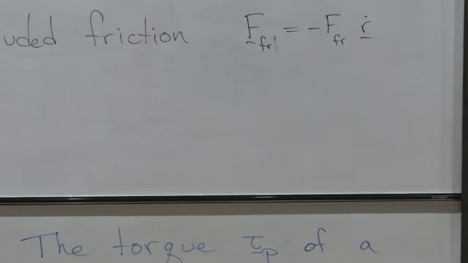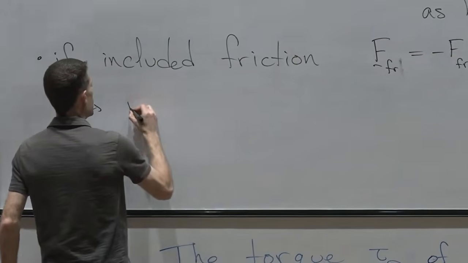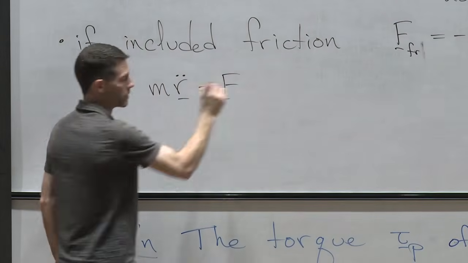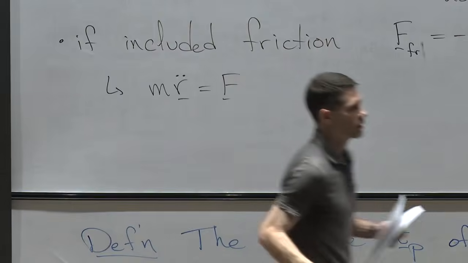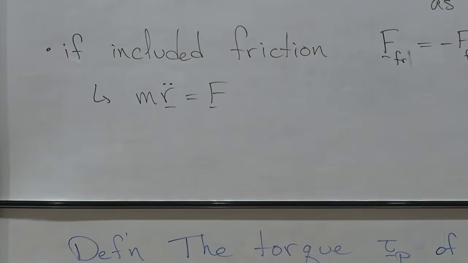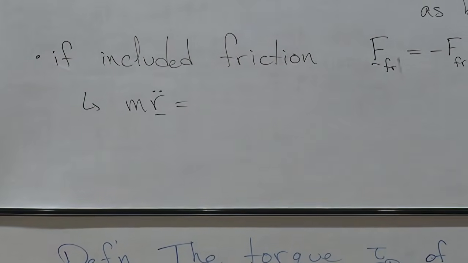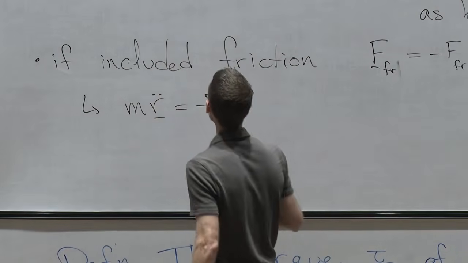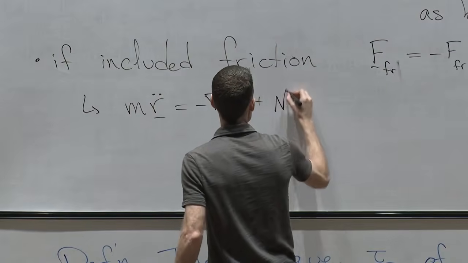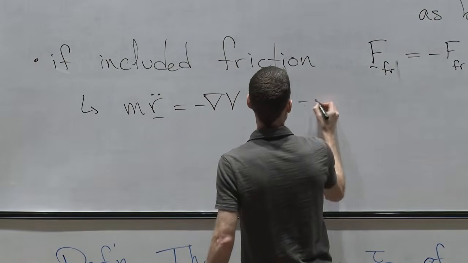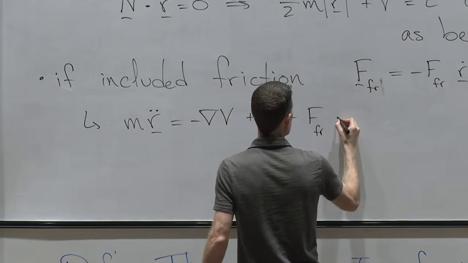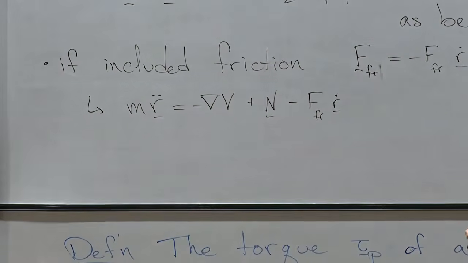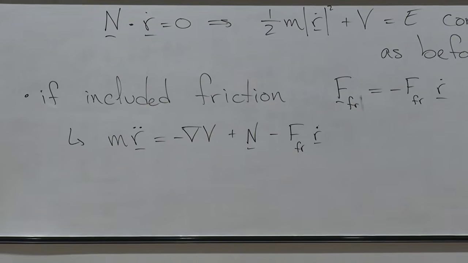So if I go back to this statement, m r dot dot equals conservative force, and let me immediately write that conservative force as the gradient of a potential, so minus grad V, plus N, plus this friction force. What happens differently?